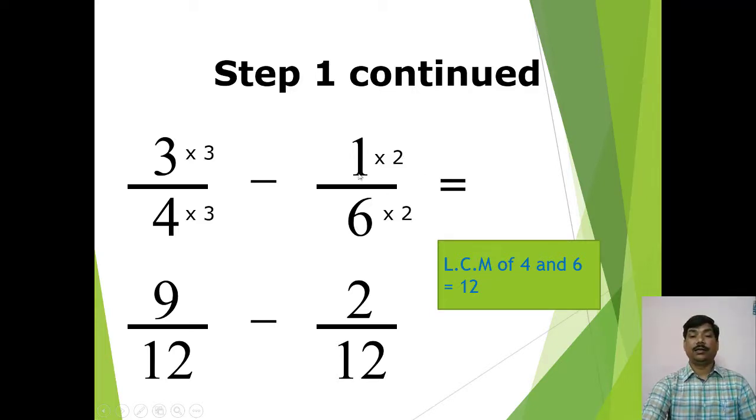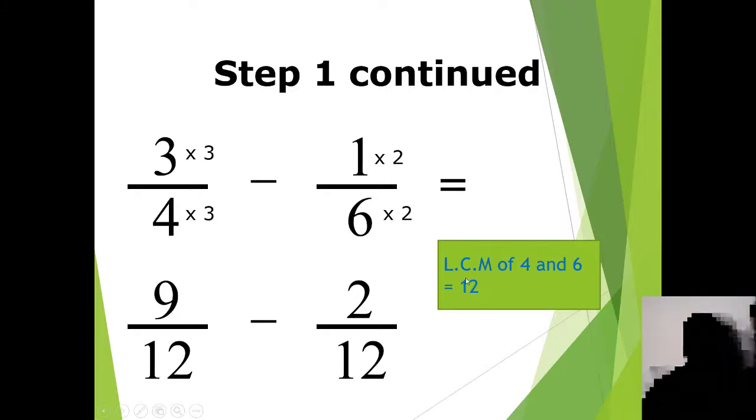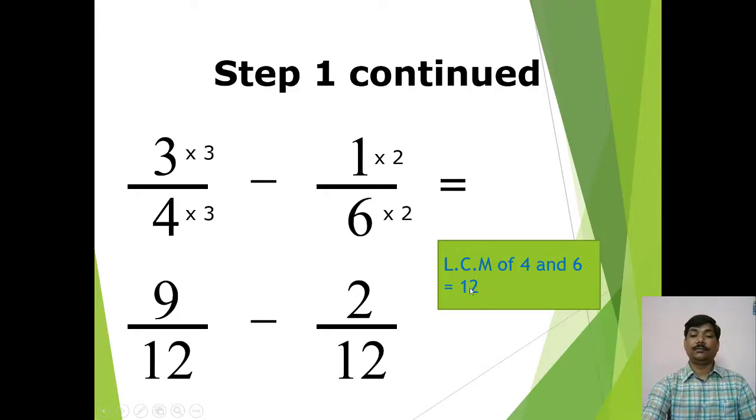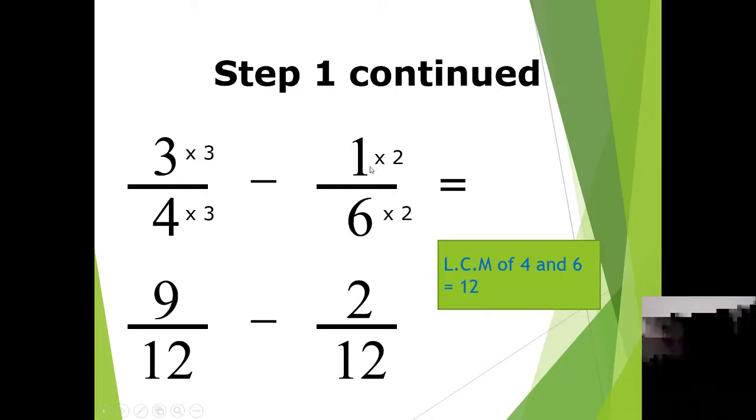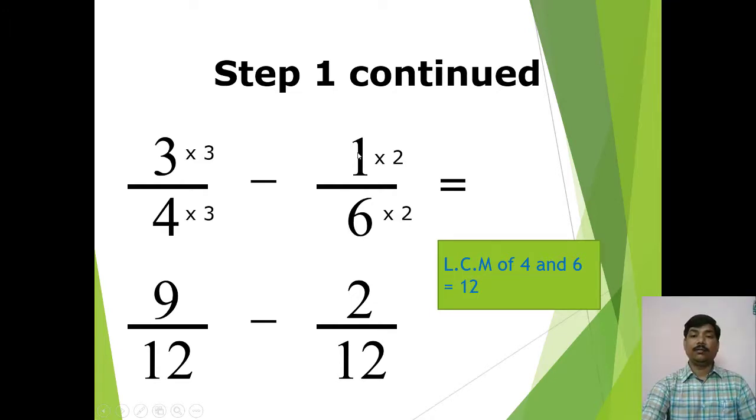Similarly, to find the equivalent fraction of 1 by 6, we will divide the LCM 12 by 6. The quotient will be 2. We will multiply the numerator and denominator of 1 by 6 by the number 2. In this way, we are getting the fraction 2 upon 12.